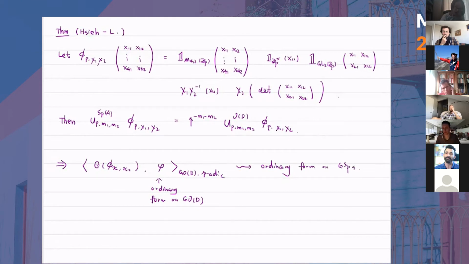Well, that means I don't need to apply an ordinary projector on GSp4 to get an ordinary family. So because of this equivariance property, if I pair with something ordinary, what I get is also going to be ordinary.